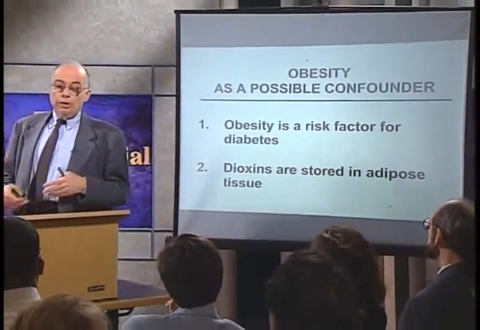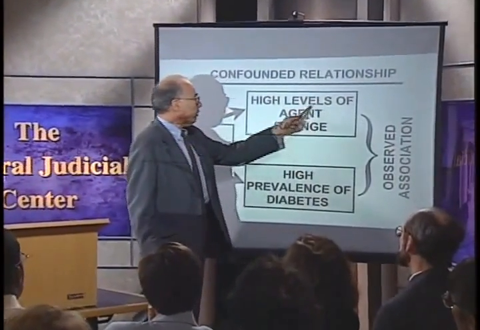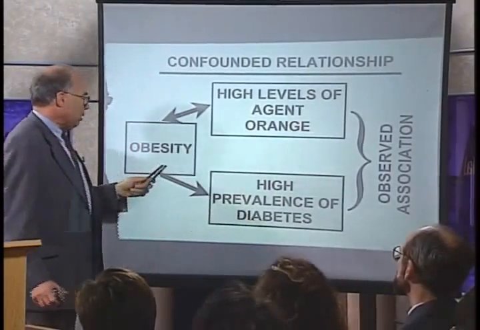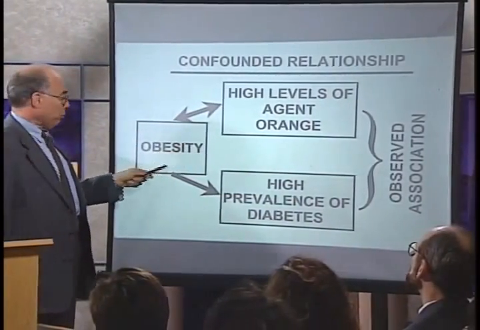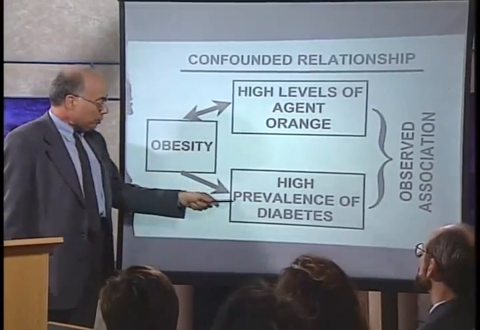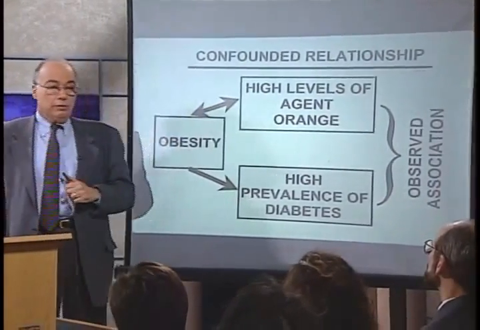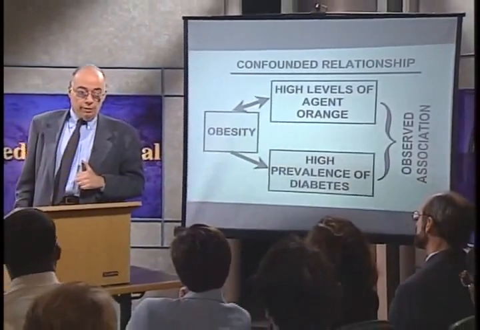And therefore, we would expect higher blood levels of dioxin in people who have more cells storing the dioxins. Therefore, it is possible that we observe the association between high blood levels of Agent Orange and high prevalence of diabetes because both are associated with obesity. Obesity we know is a risk factor for diabetes, and obesity is linked to high levels of Agent Orange in the blood.